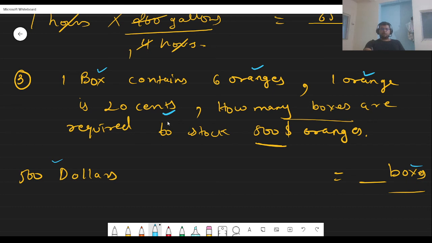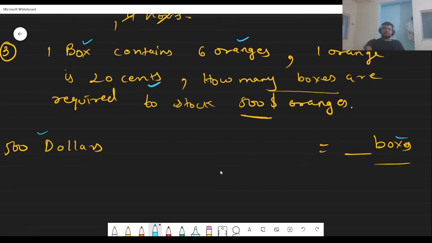So I can write one box corresponds to 6 oranges, and also one orange corresponds to 20 cents.